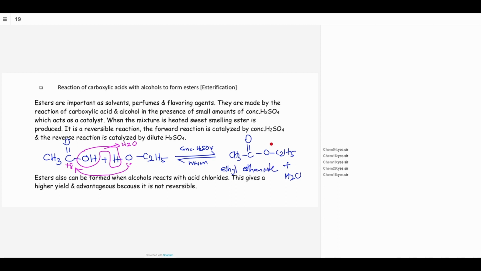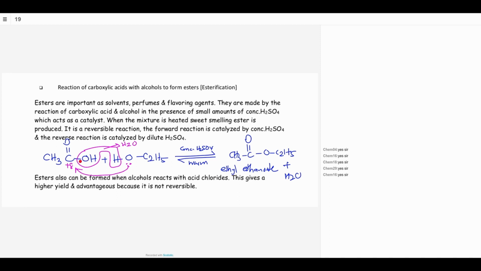When you name the esters, as we discussed in the very first class of organic chemistry, you name the group which comes next to oxygen first, that is the ethyl group, and that substituent does not have any number. That's a no number substituent, and then you name the rest of it. Ethyl ethanoate, right?